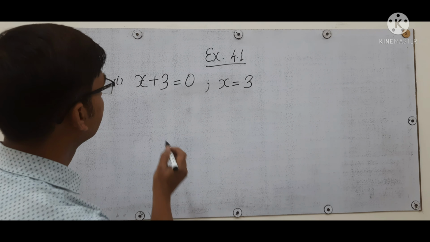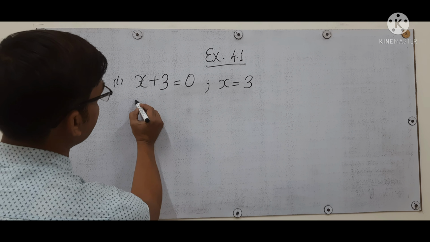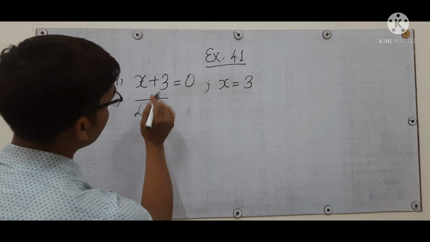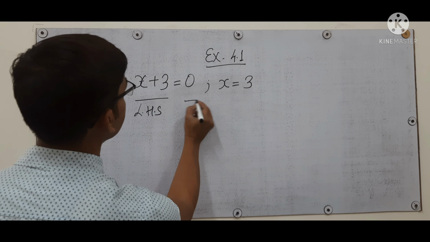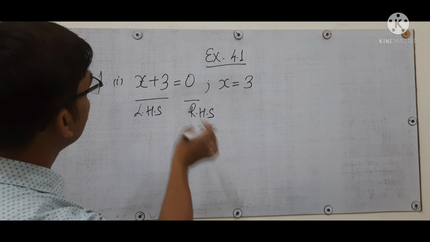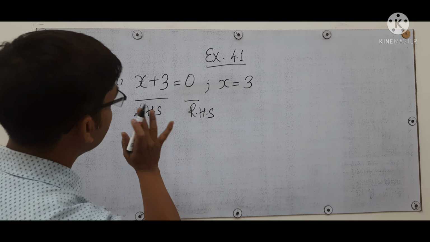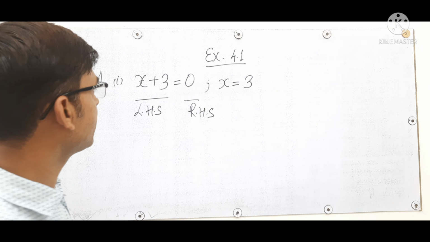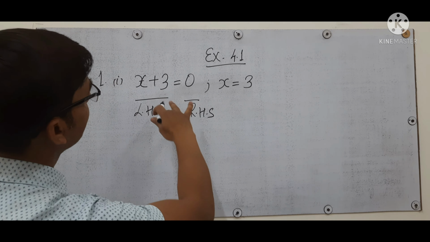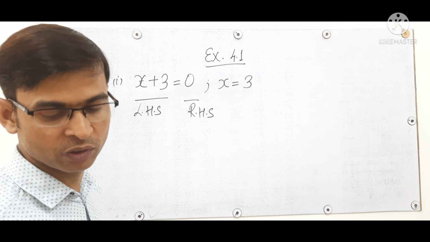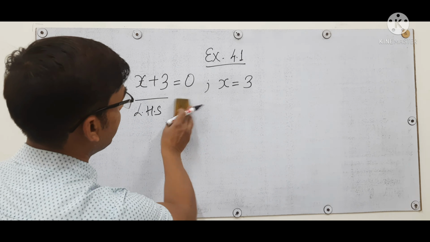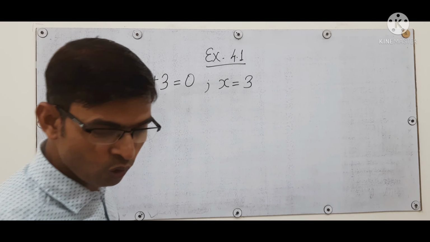Here x plus 3 is the left hand side of the equation, and 0 is the right hand side. When we put the value of x, the left hand side must be equal to the right hand side. That is, when we put x equal to 3, the answer must be 0. So let's check if it is 0 or not.